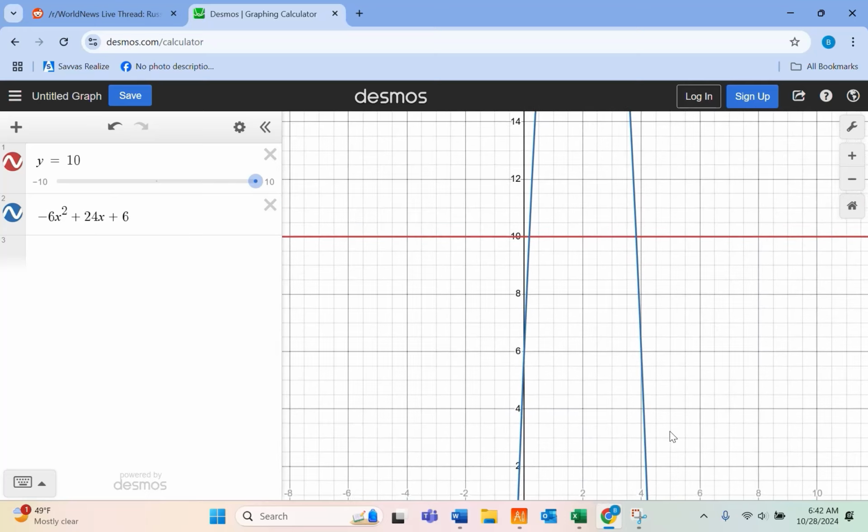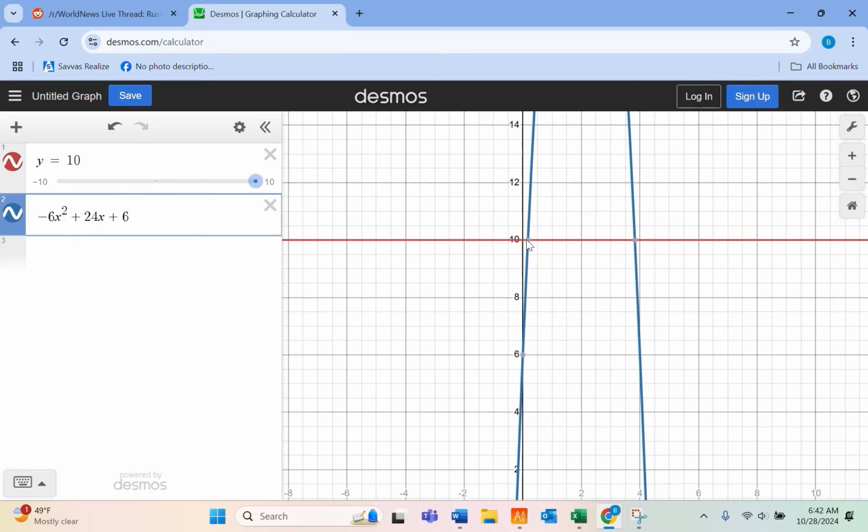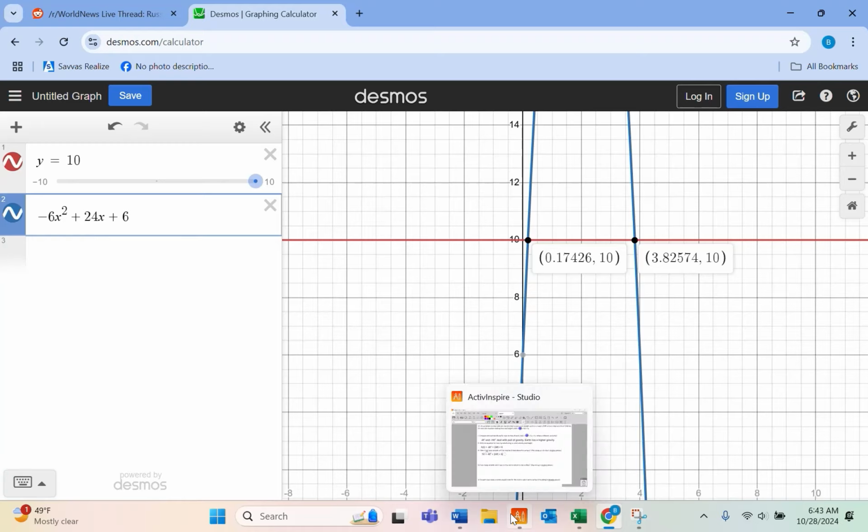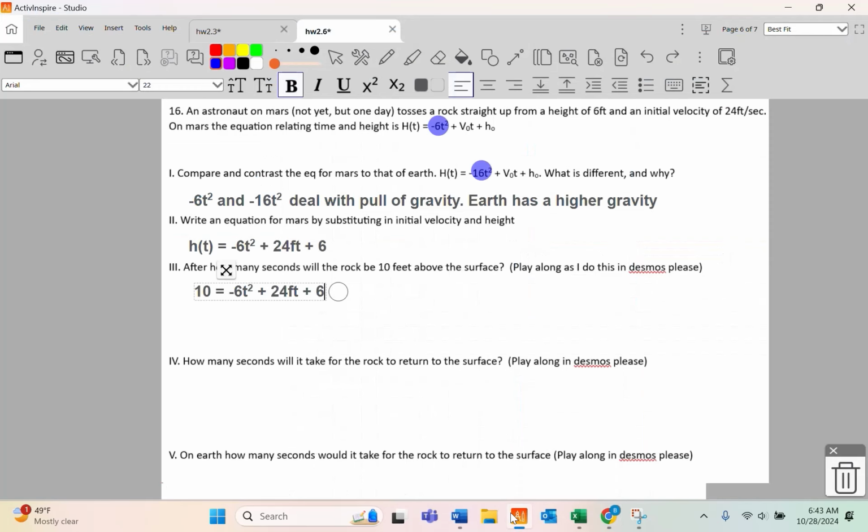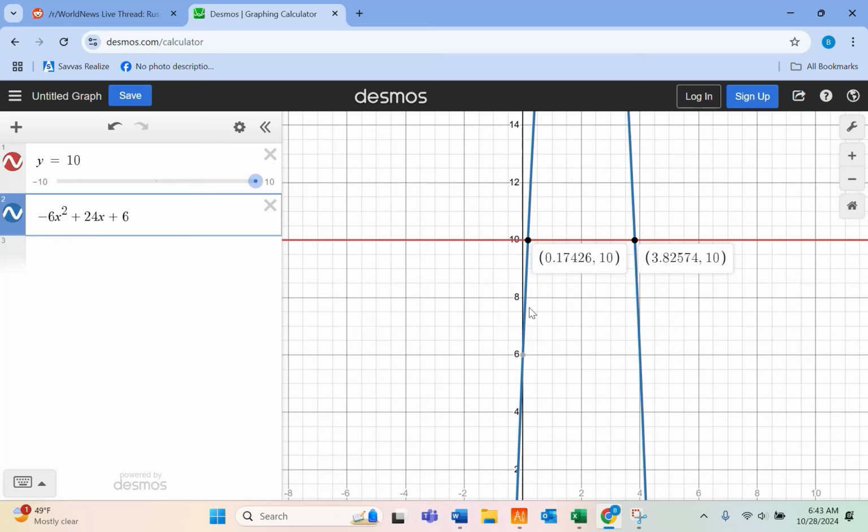We're just going to scroll up, and you'll see we get two answers here. We have that answer, we have that answer. So after how many seconds will the rock be 10 feet above the surface? It'll do that for an interval of time, so long as the time is between these two numbers.